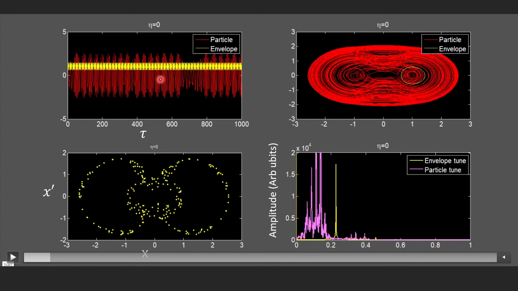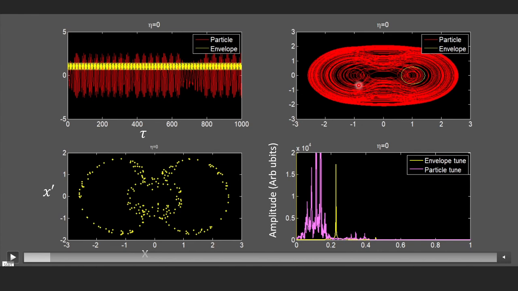So it is basically tune depression. What we do is change the value of eta and try to see how the mismatched envelope and these particle oscillations change.